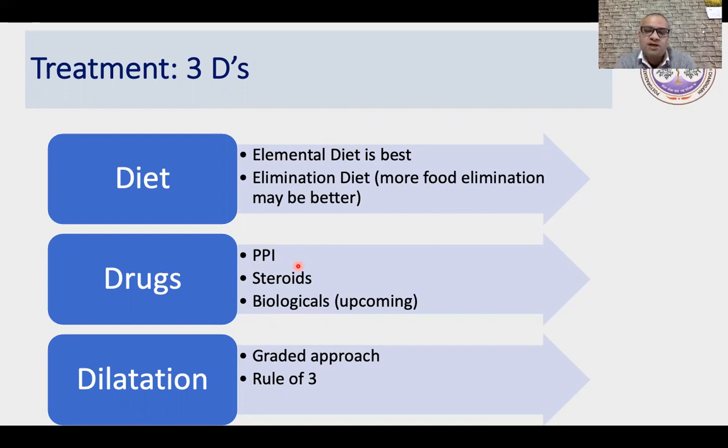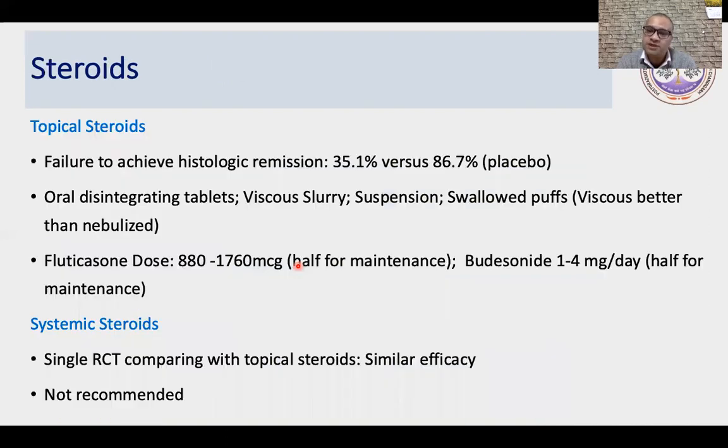And of course, the other drugs are the topical steroids. Biologics, some of them have failed trials, but there is some upcoming evidence for some of these drugs. And then dilatation only if it is needed, and it has to be a graded approach because the initial reports suggested that there may be an increased risk of perforation.